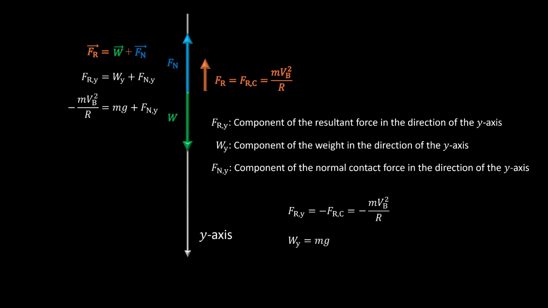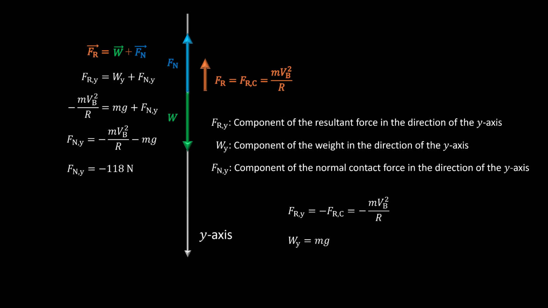So I rearrange to make Fny the subject of the formula, and then I just substitute m, r, vb and g, and I should obtain Fny equals minus 118 Newton to 3 significant figures.